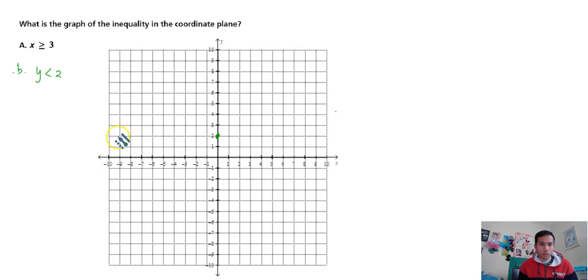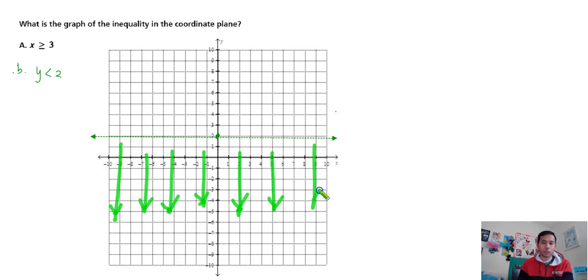So I'll just connect this with a dotted line, with a dash line here. All of the numbers that are less than 2 are below. So all of the solutions of this inequality will be below the boundary line, excluding the points on the line.